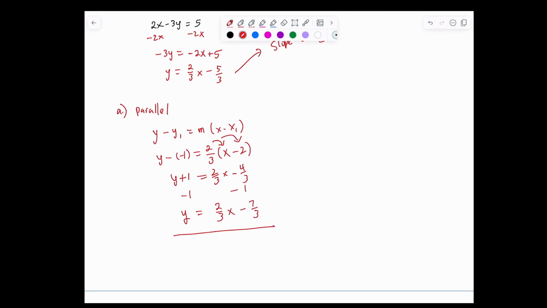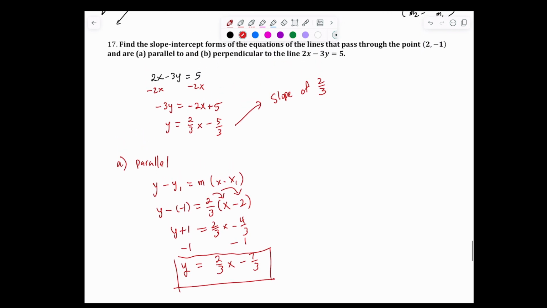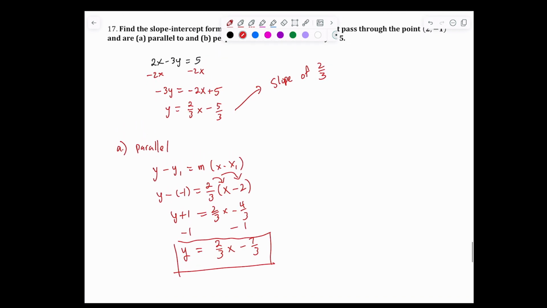And that's our line. So this line would be parallel to the line 2x minus 3y equals 5. All right, and then our other line, we want this to be perpendicular.